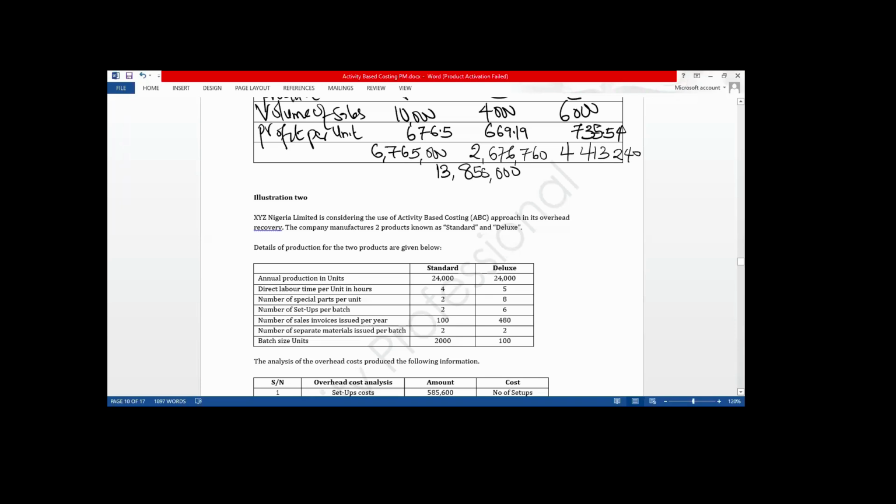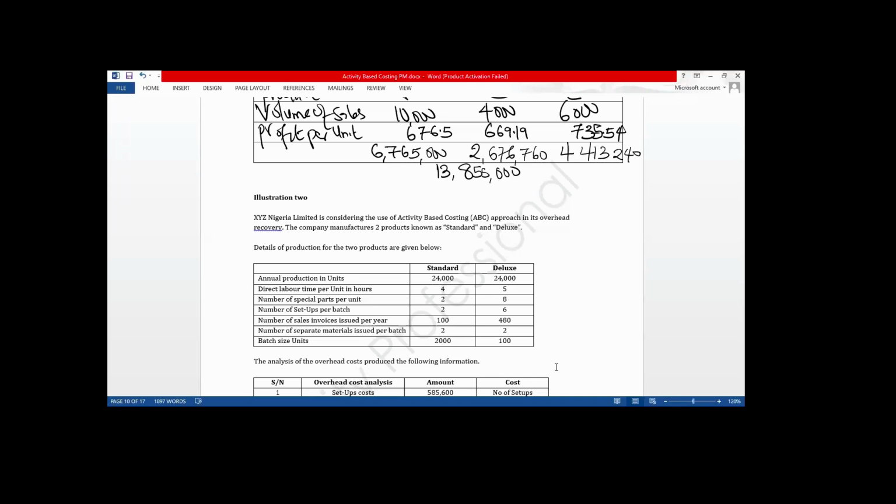Number of setup per batch, 2, 6. Number of sales invoices issued per year, 100 and 480. Number of separate material issued per batch, 22. Batch size in units. Please, you need to make a correction here.